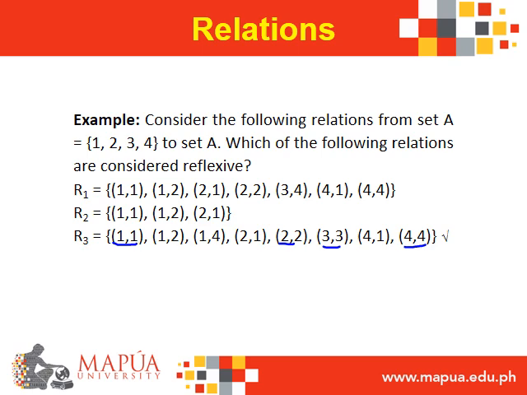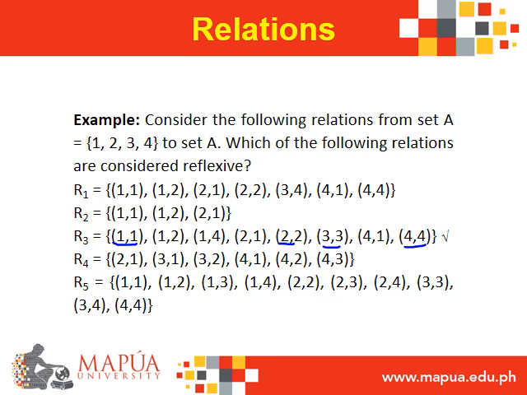According to the definition, a relation can only be considered reflexive if and only if every element of set A is related to itself. Your R4 therefore is not reflexive, while your R5 is reflexive, since, as seen from your relation R5, it contains 1,1, 2,2, 3,3, and 4,4, while R6 is not reflexive.